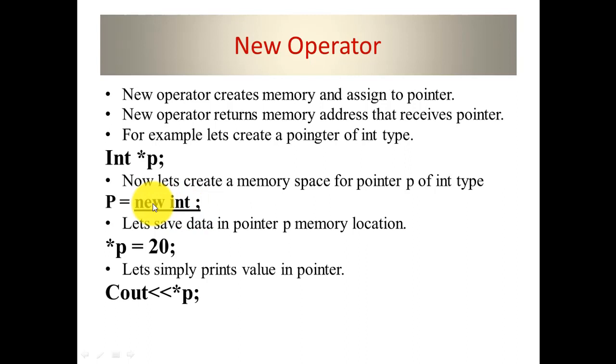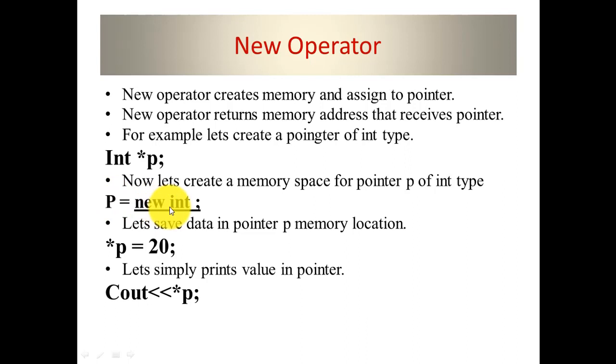New is the keyword that is used to reserve space on the heap, and int is the data type that says what type of data will be stored at that memory location. So whatever memory location we reserve, its memory address will be stored in p.